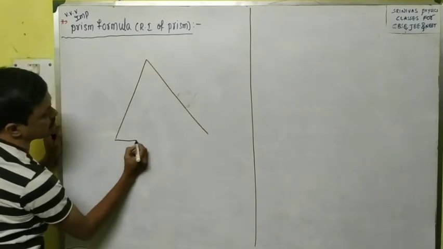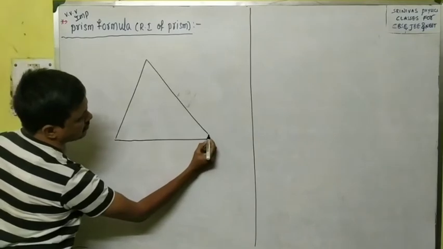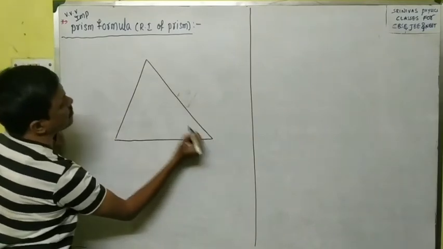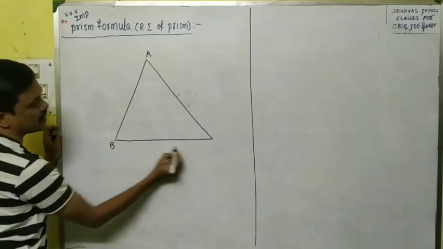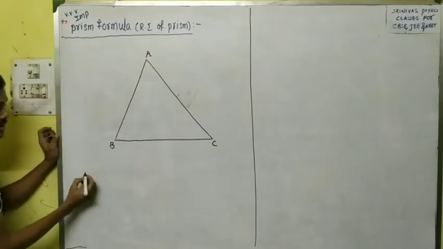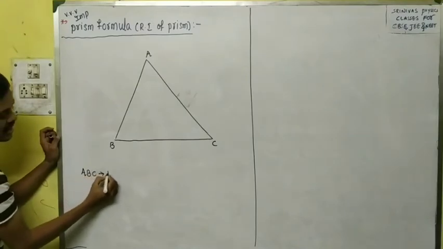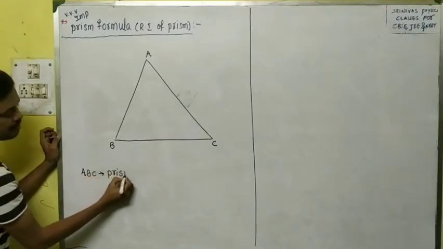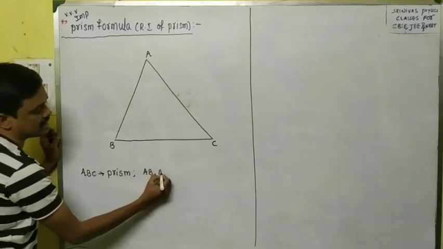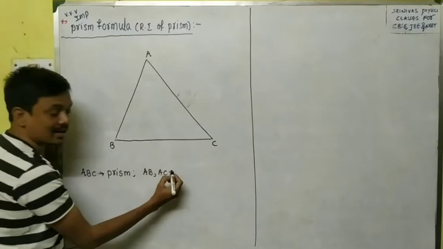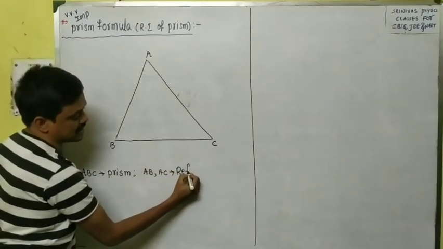This is the prism. A, B, C. What is ABC? ABC is a prism. In that, AB and AC are called refracting surfaces.